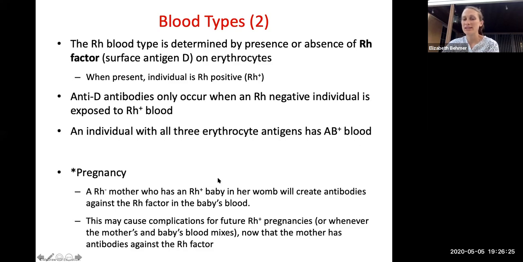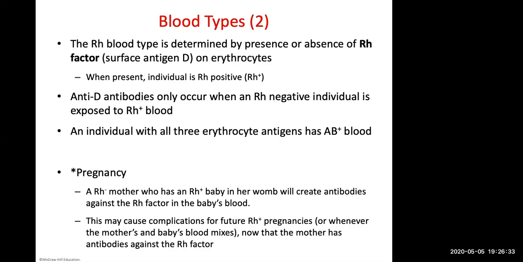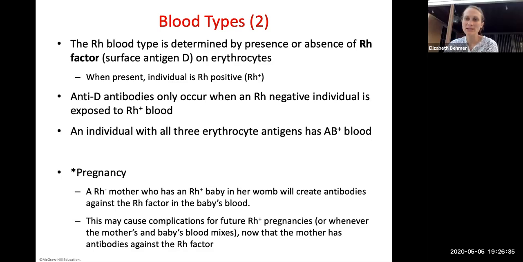When she's exposed to that Rh positive baby, she'll create antibodies against her baby's blood type. It doesn't really cause any complications with the first pregnancy because their bloods don't really mix until delivery, but it can cause complications for future pregnancies, because now she has antibodies in her system against the Rh factor.